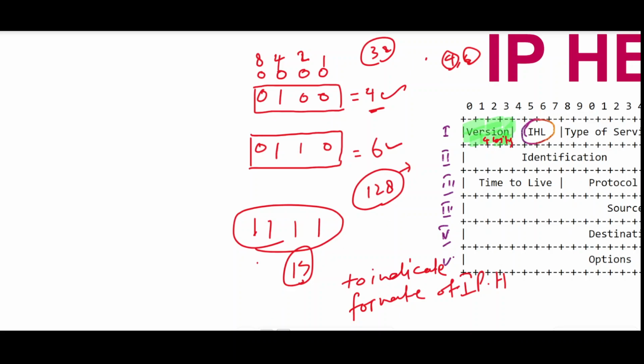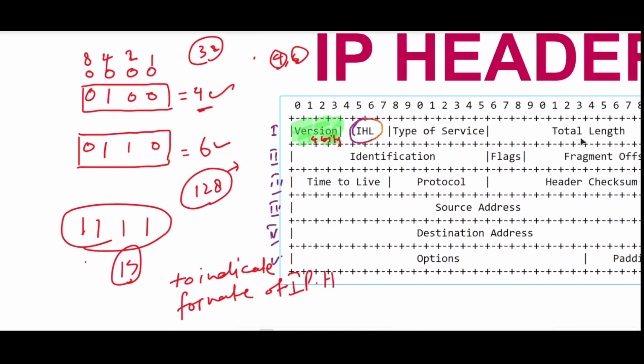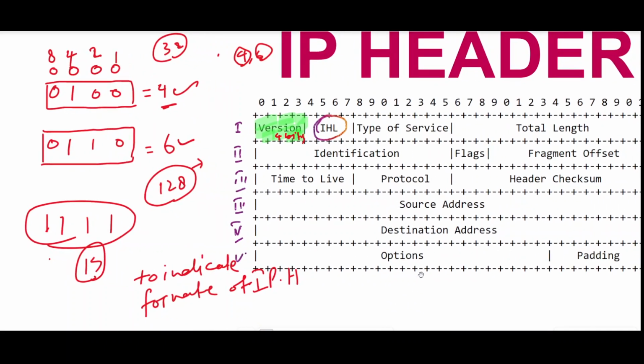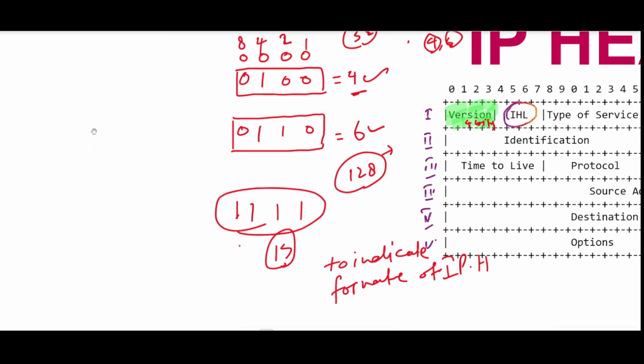Here total length is also present, but in this overview we are providing internet header length. Count each row: 1, 2, 3, there are 5 rows, so 5 into 4, that means 20 bytes, because each row is 4 bytes.